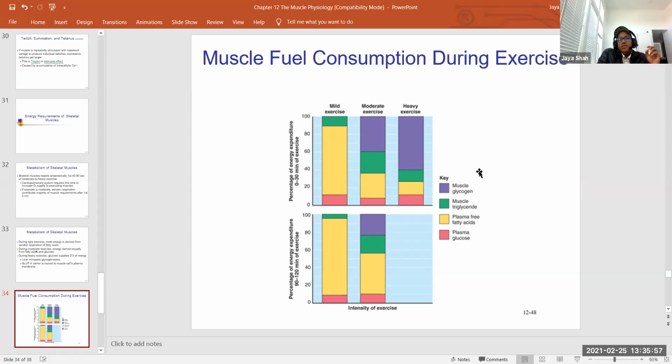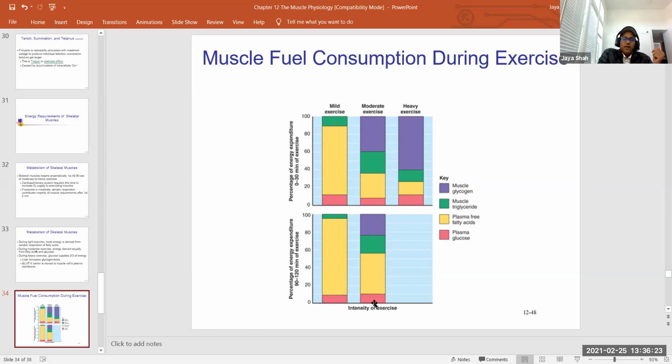Let's say somebody is sedentary and doesn't exercise, this muscle glycogen in the muscle starts turning into fat droplets. If you have a heavy exercise, you are breaking down muscle glycogen, and indirectly you are burning out fat too.